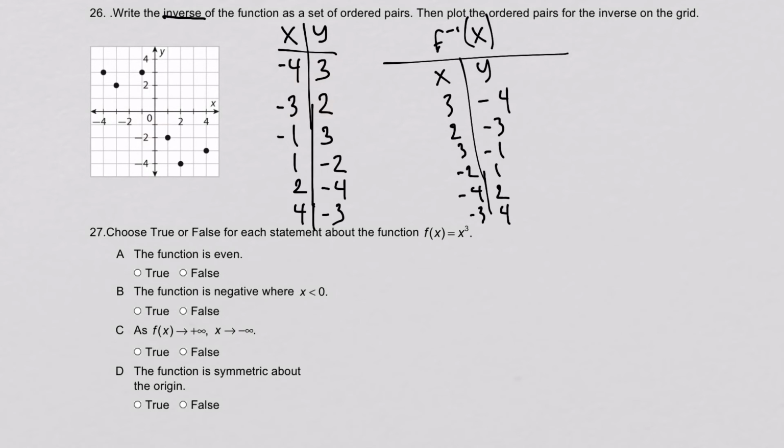Second part of the problem says plot the ordered pairs for the inverse on the grid. So basically just take these points that we just found, all of these, and plot them on the grid over here. So here we go. 3, negative 4 is right here. 2, negative 3 right there. 3, negative 1.